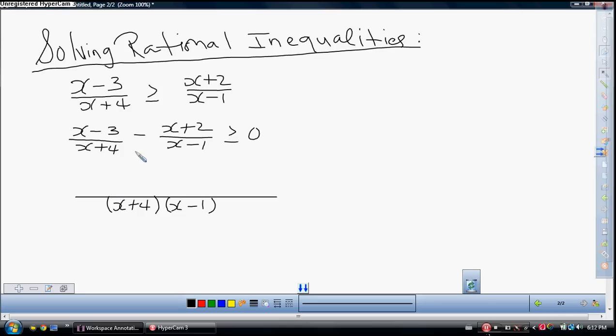The LCD divided by (x plus 4) gives me (x minus 1) times the numerator, minus the LCD divided by (x minus 1) gives me (x plus 4) times the numerator (x plus 2), and that's greater than or equal to 0.